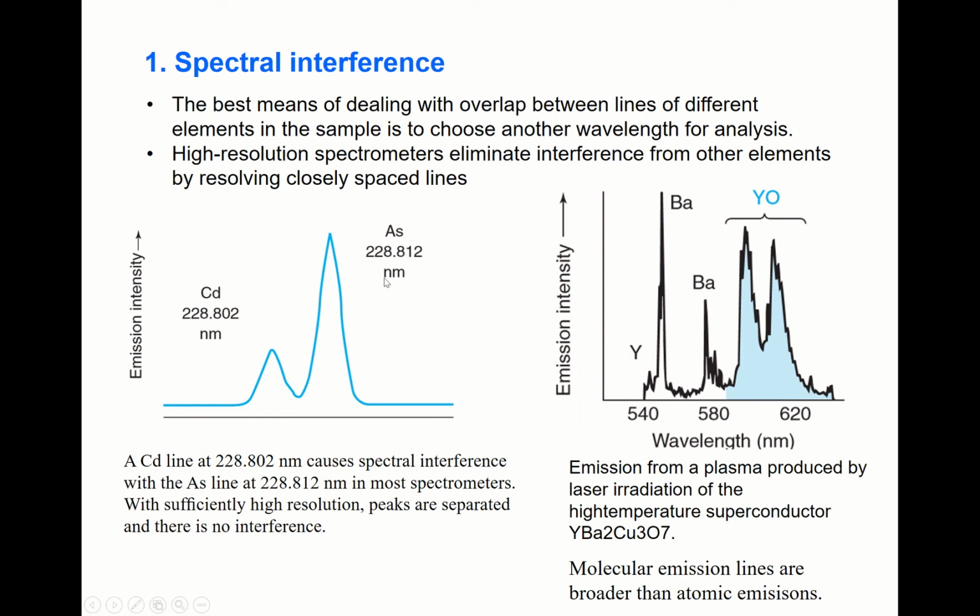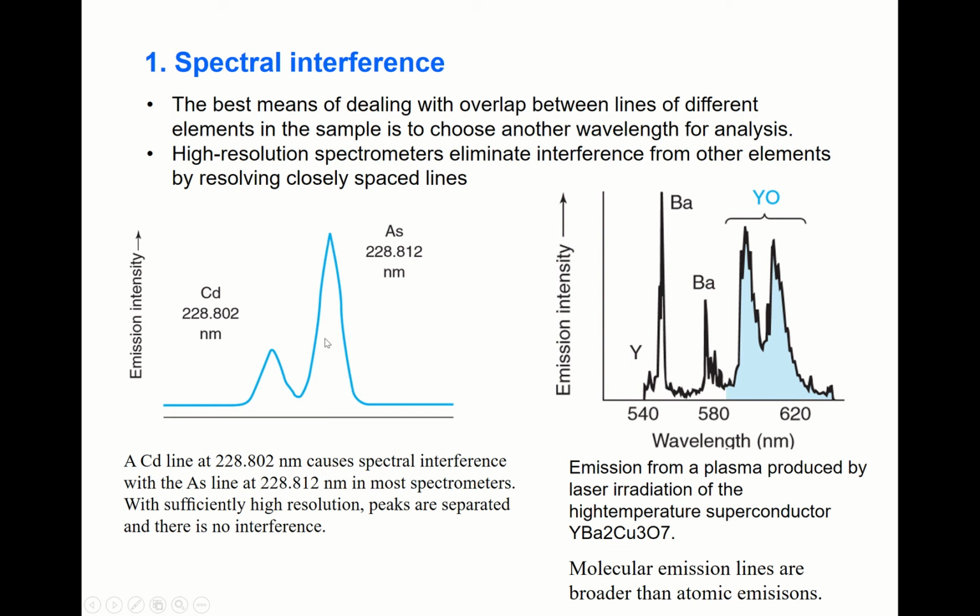How do you solve this problem? The best way is to use higher resolution spectrometers. With a higher resolution spectrometer, the cadmium peak may appear here and the arsenic peak appears here.